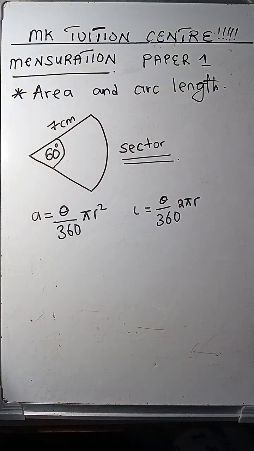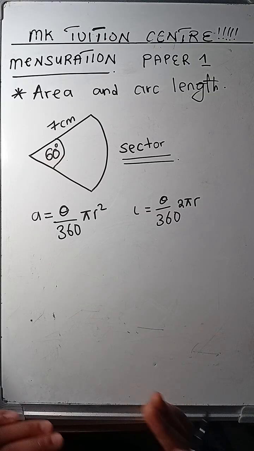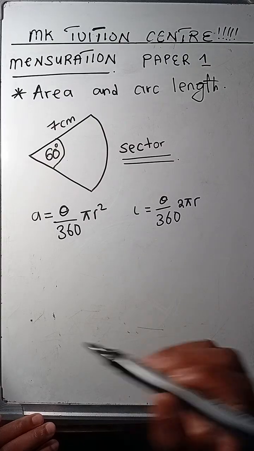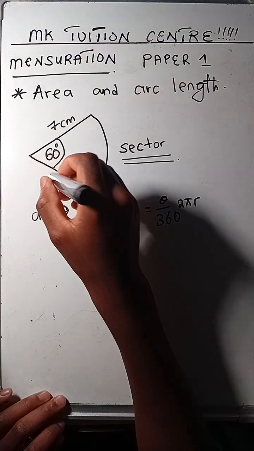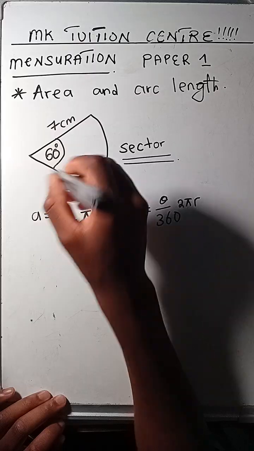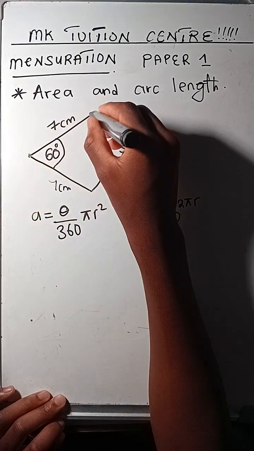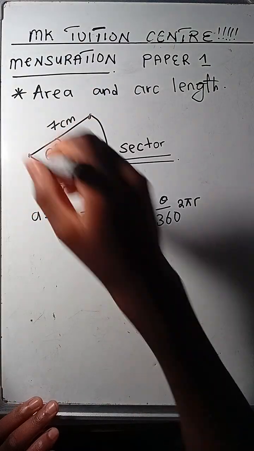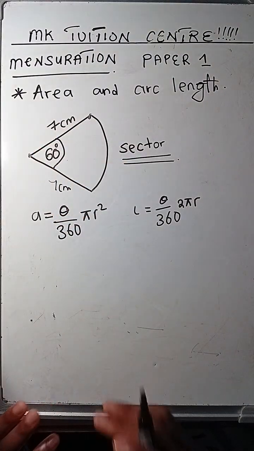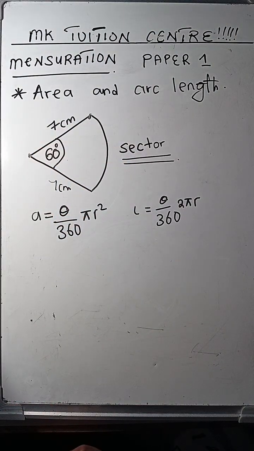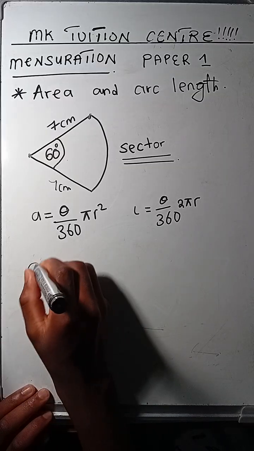Now in this case, maybe if they say find the area, what are we going to do? First of all, you must know that this as well is 7 centimeters, because from this point to that point we're talking about a radius, so even this length here is going to be the same. Okay, how do you find area? We just substitute.